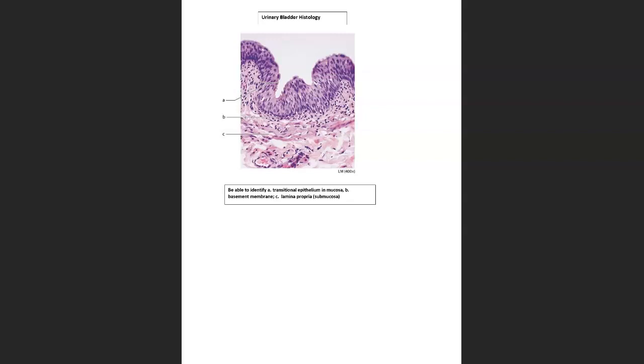Note that this is a histology micrograph of the urinary bladder, and this is transitional epithelium in the brackets, and below the transitional epithelium, which is also the mucosa. A is the mucosa, which is transitional epithelium.